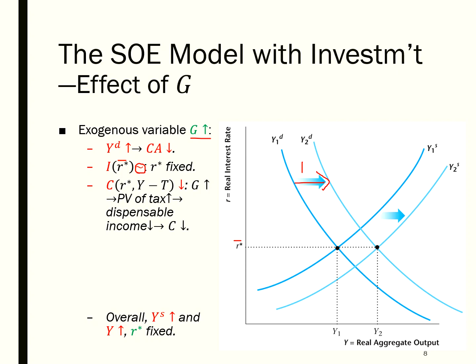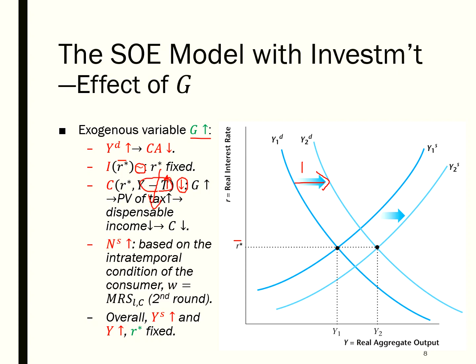These effects on the output market will be transmitted into the input market as a second round effect, because when C decreases, as we have mentioned, it will tip the balance of the intratemporal condition of the consumer. To keep the equality on the right-hand side, when C decreases, leisure L will have to decrease proportionately to cancel out the effects on C. So when leisure decreases as well, the labor supply has to increase.